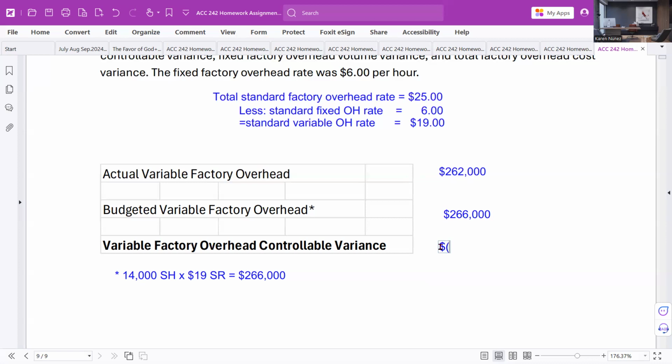Hence, they spent less than that budget allows for. They spent $4,000 less than the budget allows for. Hence, a negative number or a favorable variance. A favorable variable factory overhead controllable variance because they spent a little bit less on that variable overhead than the budget allows for. So we have covered everything that I have assigned in this chapter.